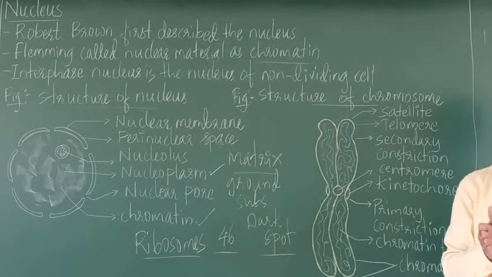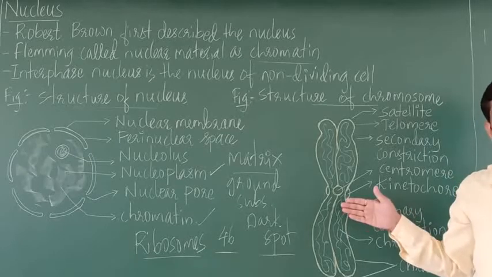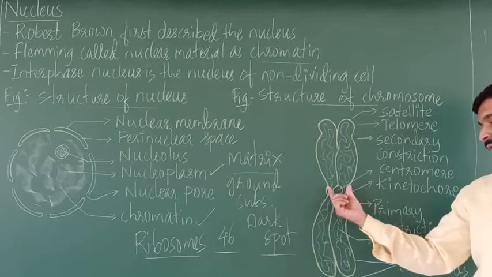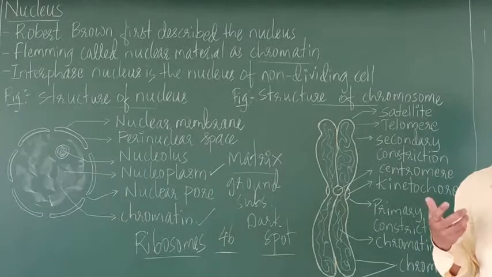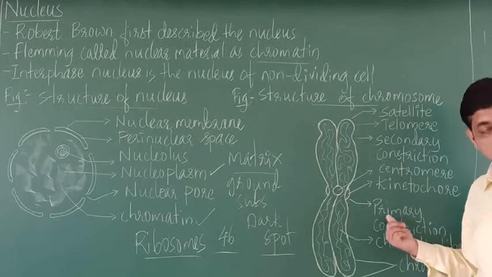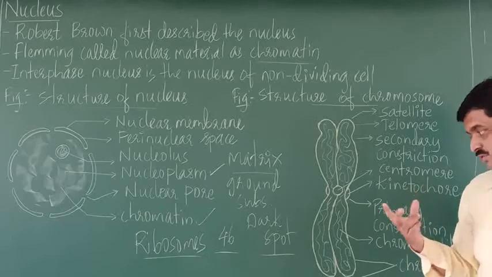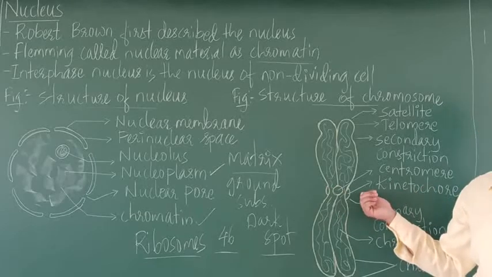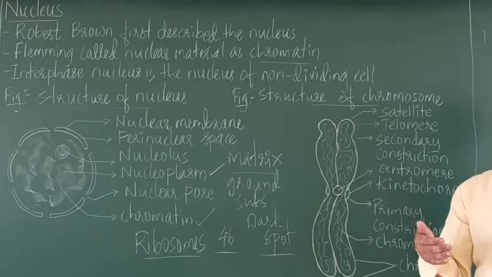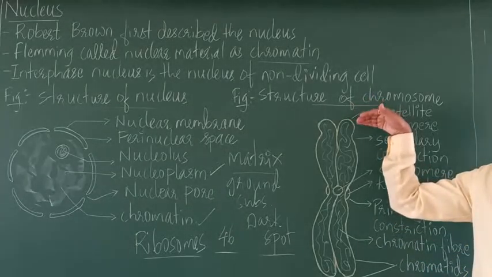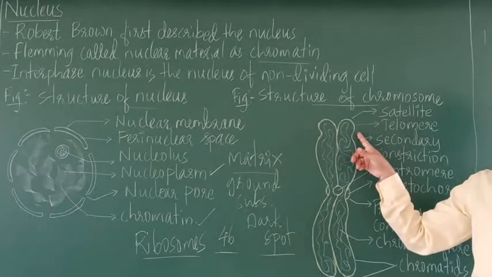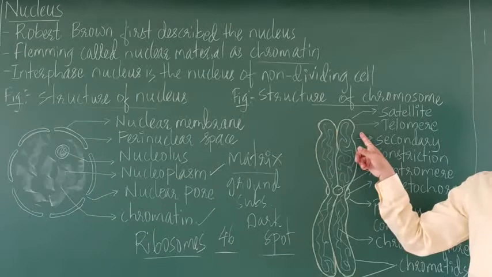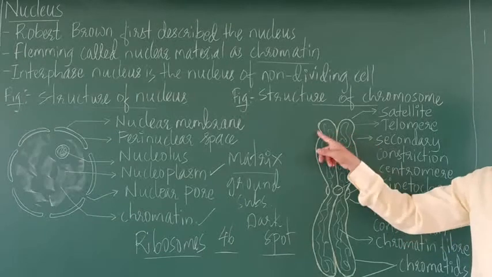So the centromere is located at the primary constriction, and external to the centromere there are kinetochores. Similarly, near the tip of the chromosome, you find another narrow region, a constriction.